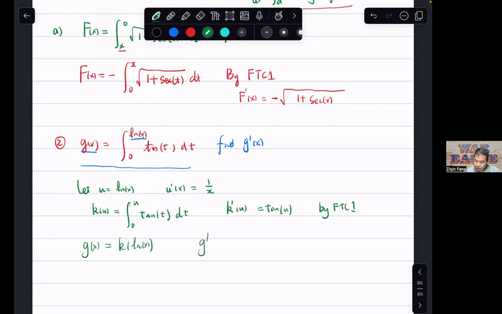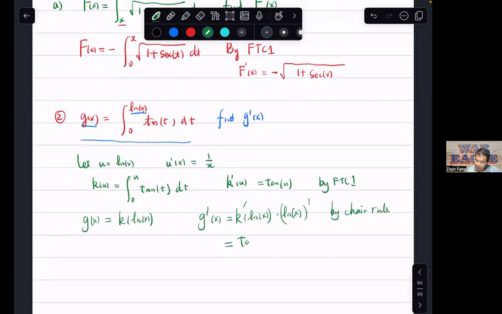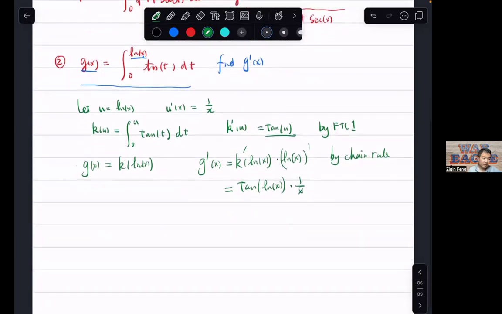So g prime of x is what? k prime of natural log of x times the derivative of natural log of x by chain rule. So this is equal to tangent of natural log of x, because k prime is tangent, right, times 1 over x. So that is the derivative of this function here.